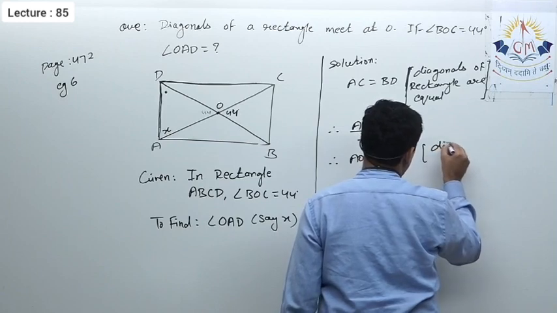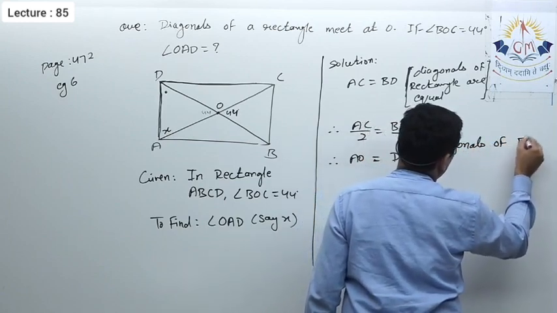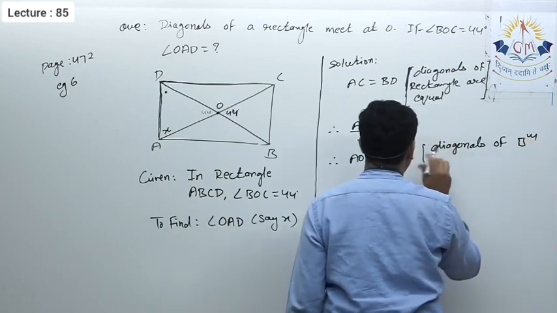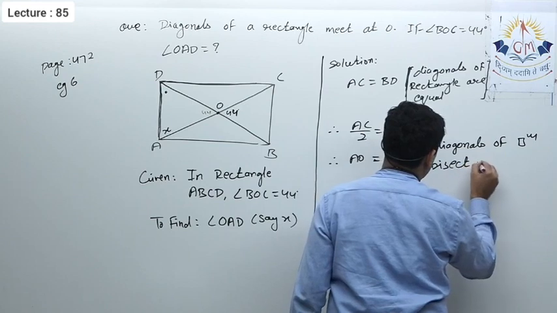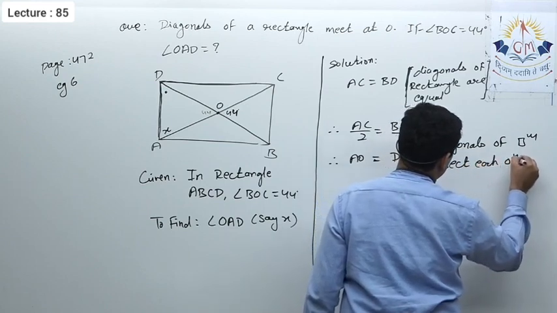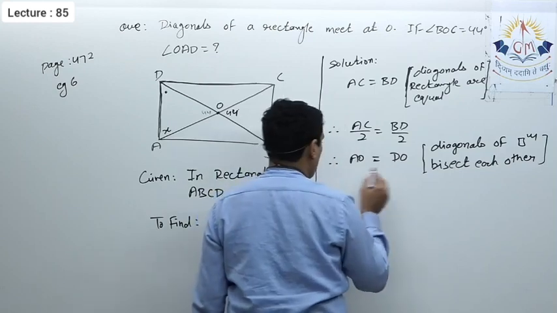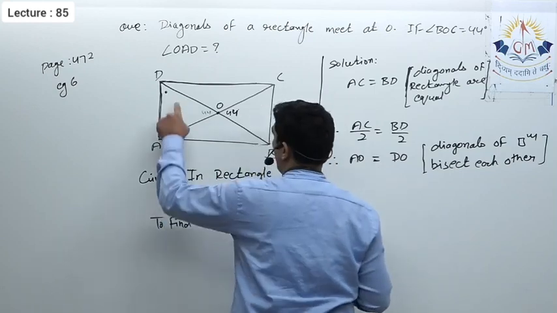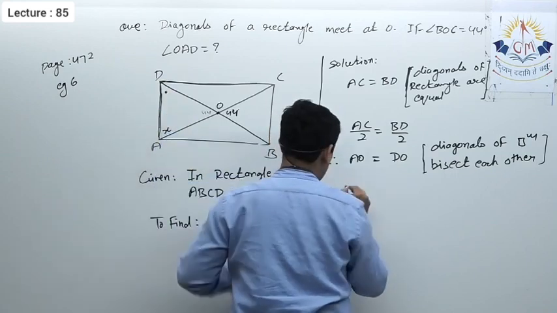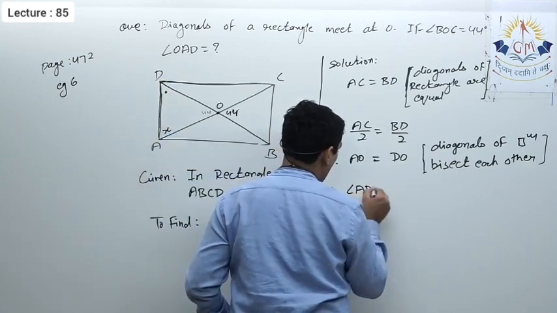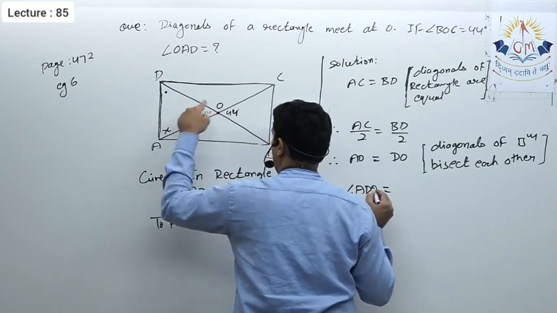Reason: diagonals of a parallelogram bisect each other. So AO is equal to DO. As AO equal to DO, I can say angle ADO is equal to angle OAD.